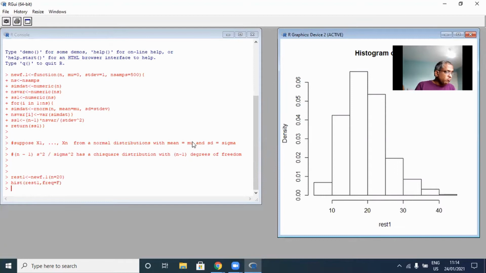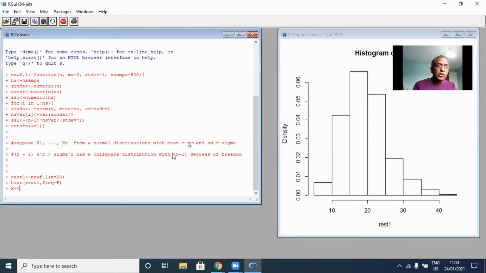Now on top of the histogram, I'm going to plot the density of a chi-square distribution with n minus 1 degrees of freedom. In this case, n is 20, so n minus 1 is 19. In order to compute the chi-square PDF, we need to define x values first. So let's take a sequence of values, say from 15 to 95 in steps of 0.5.